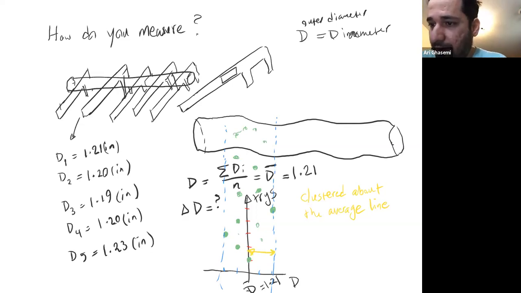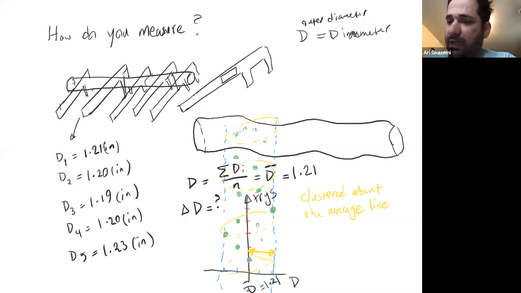If you consider your envelope to be like a cylindrical envelope that gathers all your data, you see that? From here to here is going to be the radius of this cylinder, the envelope that collects all your measurements.